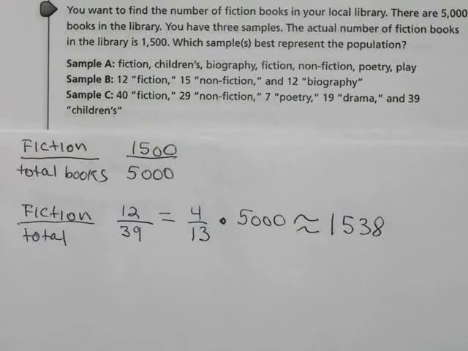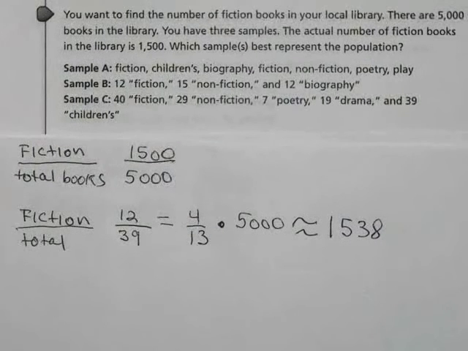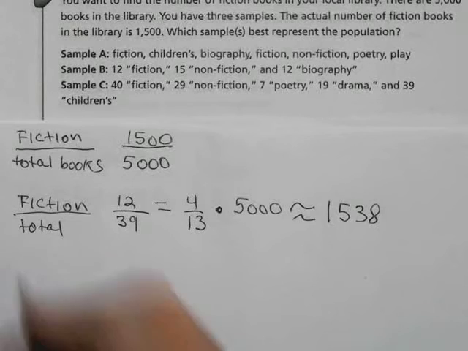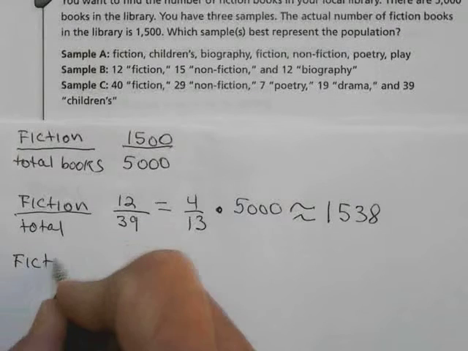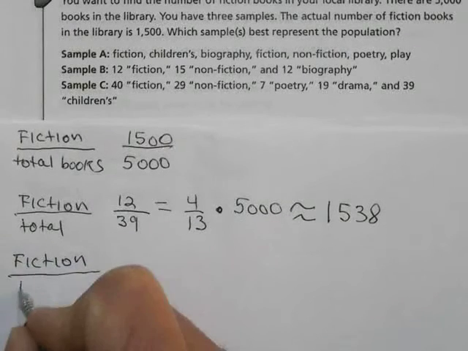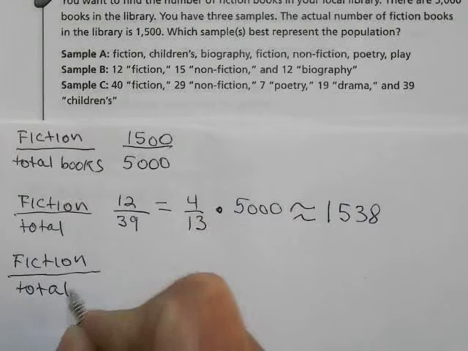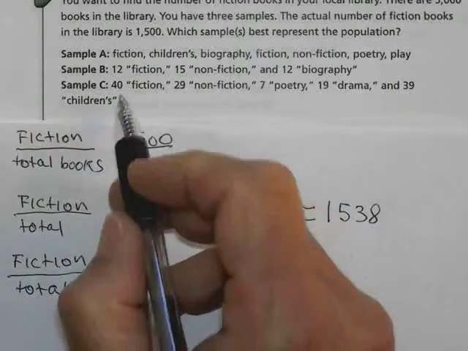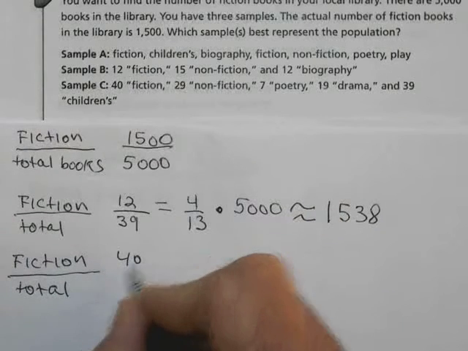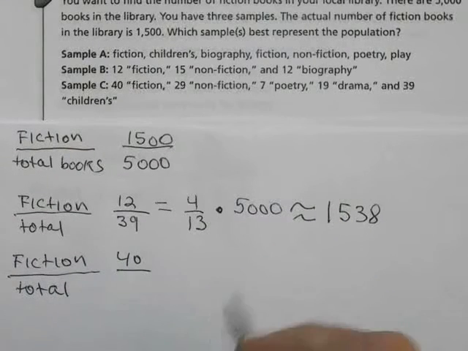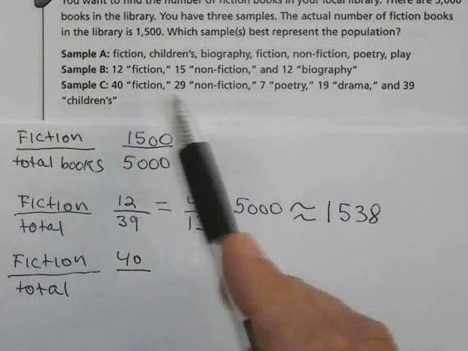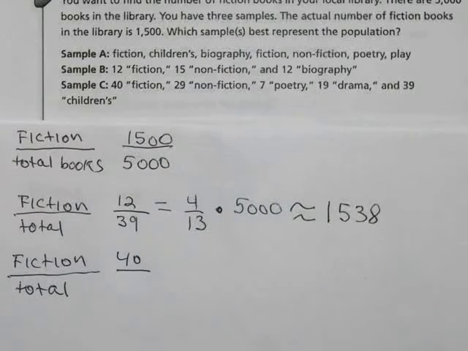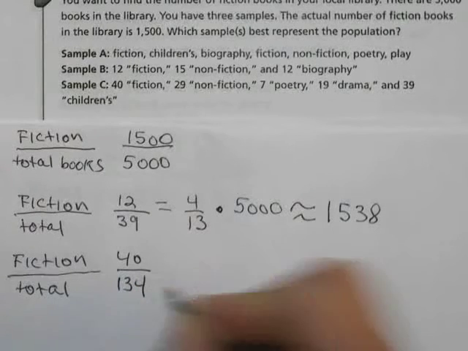Now we need to check the next sample, which is sample C. And once again, I am looking at the fiction books to the total books in sample C. Let's see, it says here that there are 40 fiction books, and I'm going to add up all of the books, so 40, 29, 7, 19, and 39, which equals 134 total books.